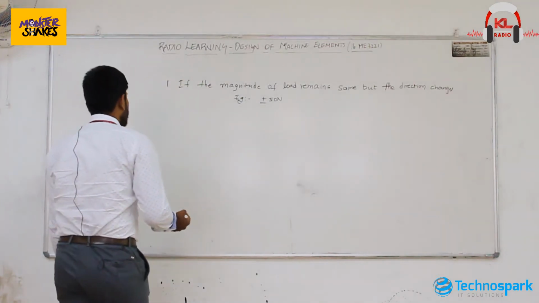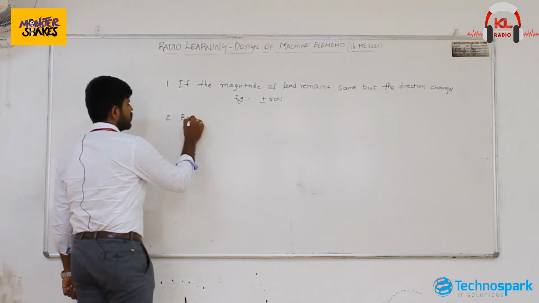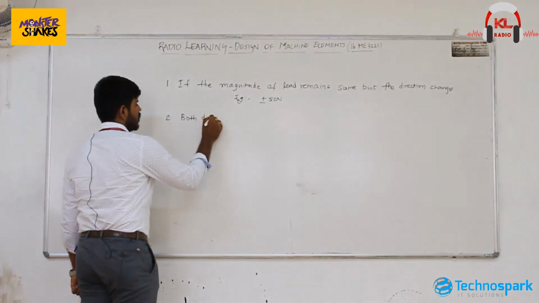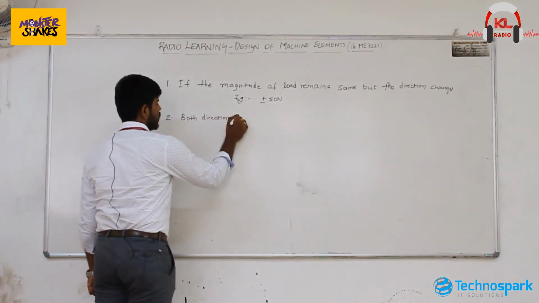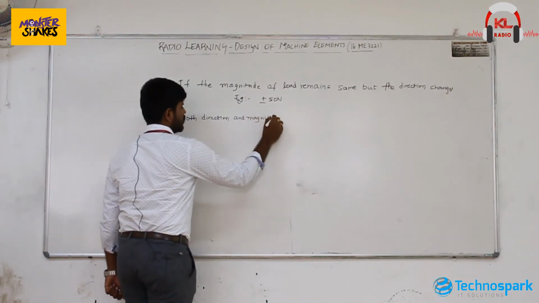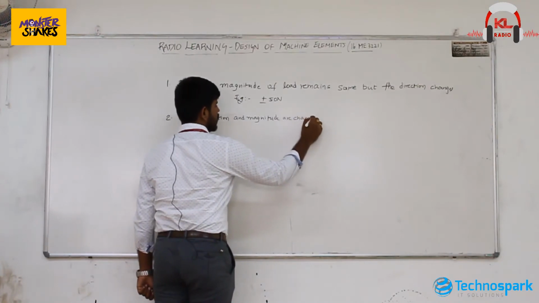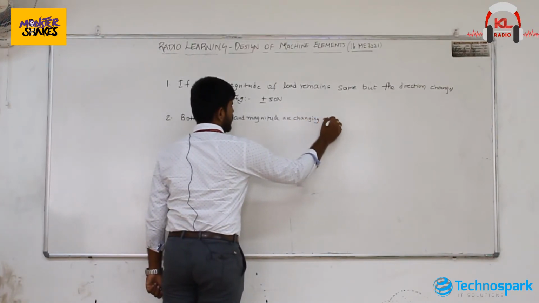Now the second type is where both direction and magnitude are changing at a time.